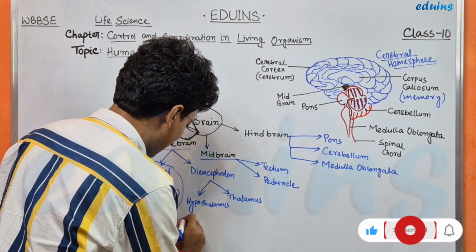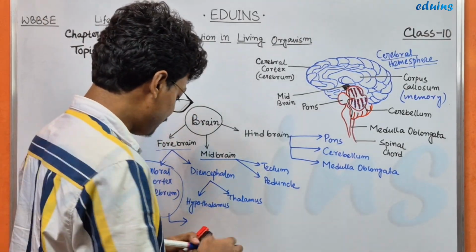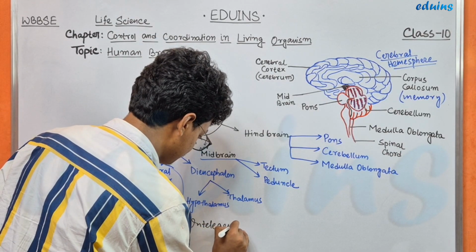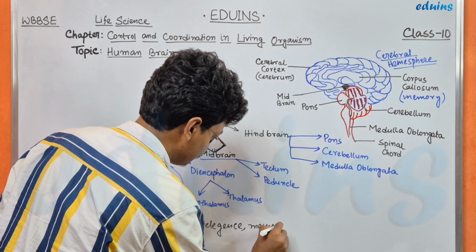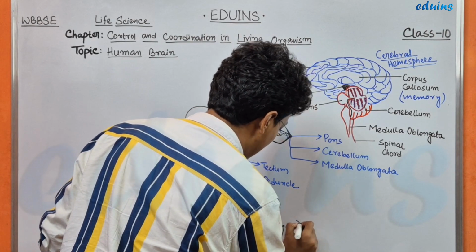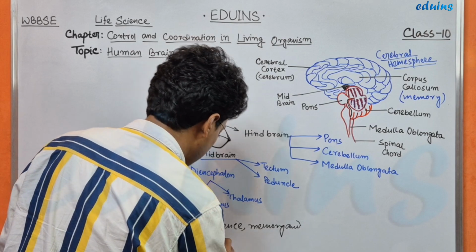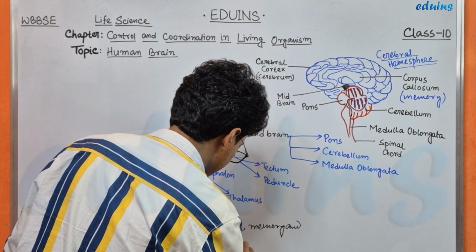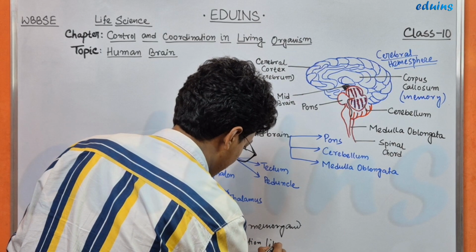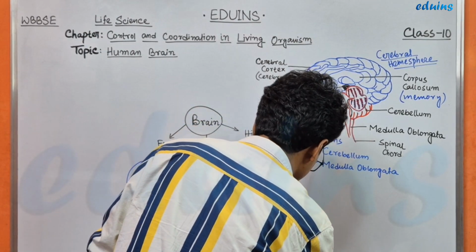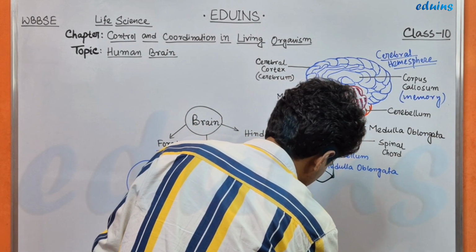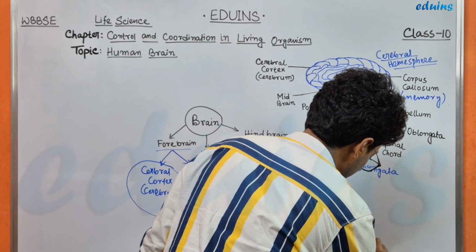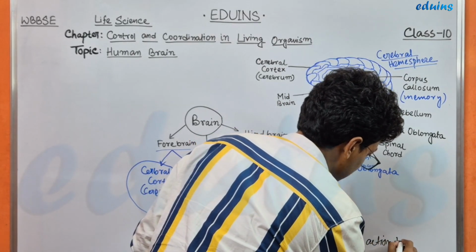Cerebrum is the main and important part of the human brain, which is responsible for intelligence, memory and other functions like storage of reflex action template.